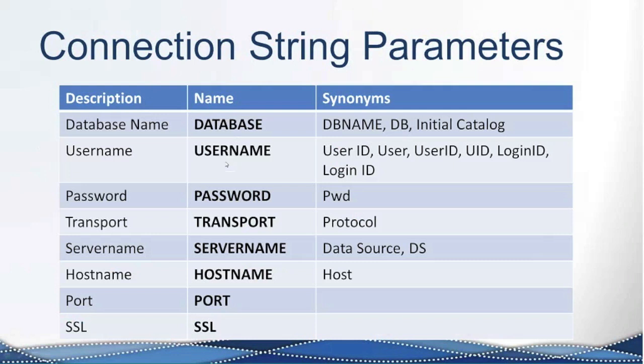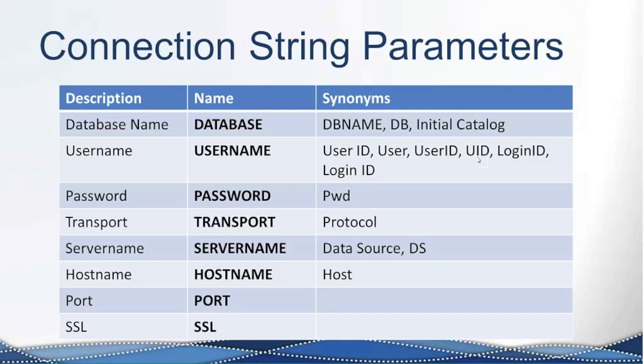You can specify username or any of these for the username, and password. The transport is Namepipe, Anonymous pipe, TCP v4, TCP v6, and then we have the server name.